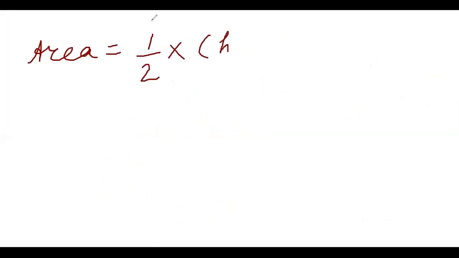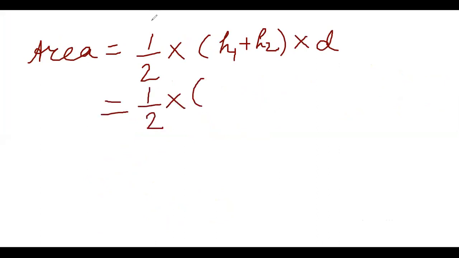See, area of quadrilateral will be half into height 1 plus height 2 into diagonal, right? Half into height 1 is given here 13, height 2 is given here, sorry, 8, and diagonal is given here 24.